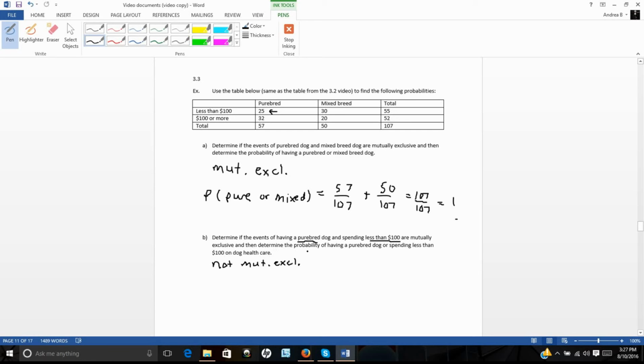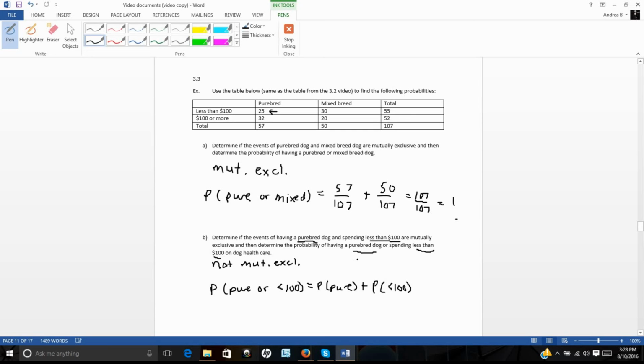So if they're not mutually exclusive, then we have to use that other form of the probability of one event or another to find the probability of the dog being purebred or spending less than $100. So for this one, to find the probability purebred or less than $100, we'll have to do probability of it being purebred plus, once again, the probability of it being less than $100.